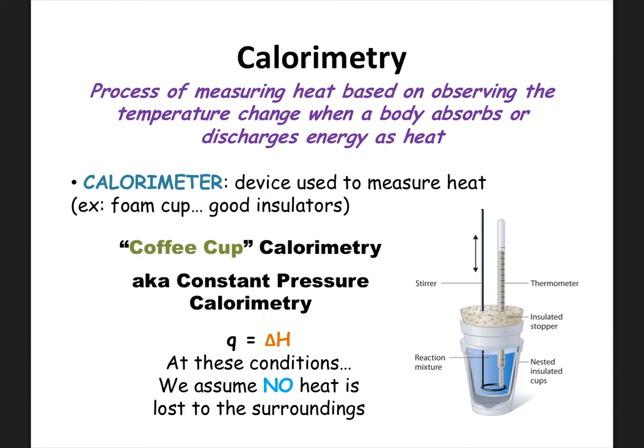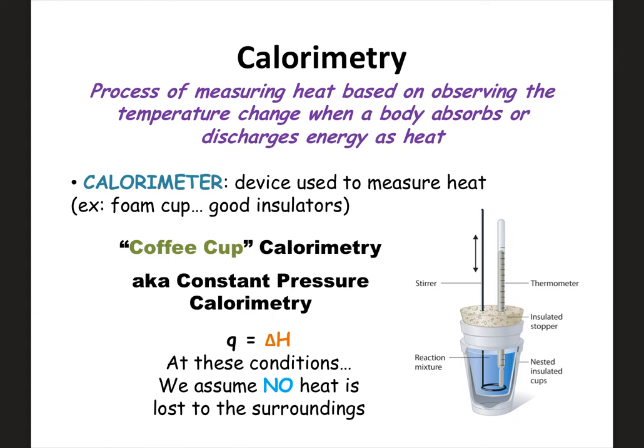So we will do calorimetry experiments with a cup inside of a cup. You can see the basic setup here in the picture. You have an outer cup, and then an inner cup where your reaction is taking place. You have some type of reaction mixture in that inner cup, and then you usually put a thermometer in, maybe a stirrer, and you cover it up in some way.